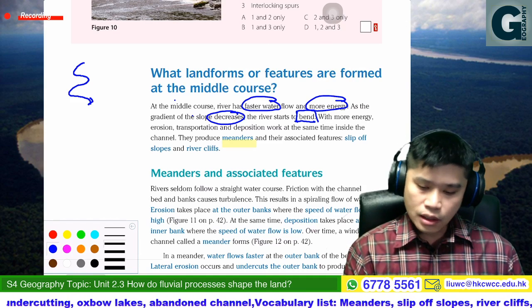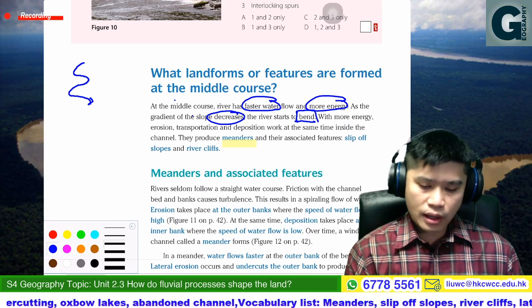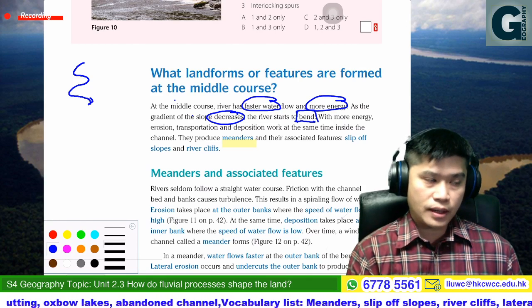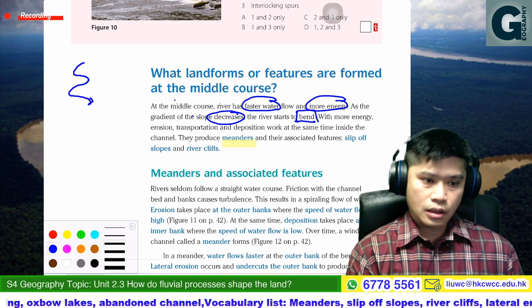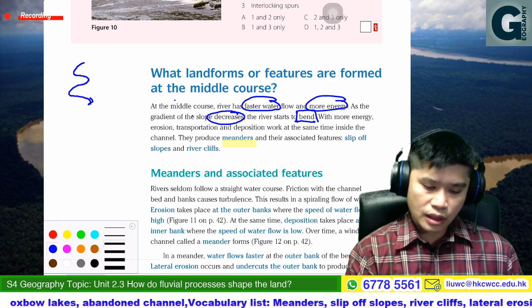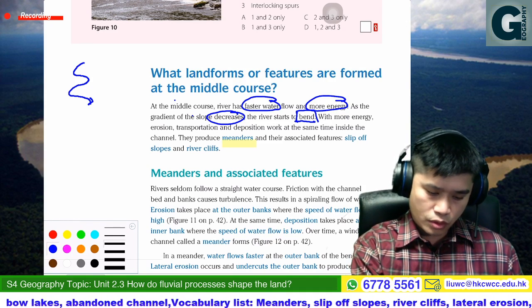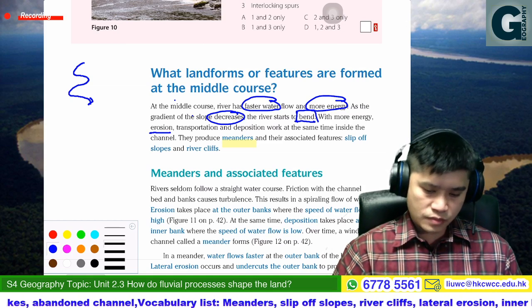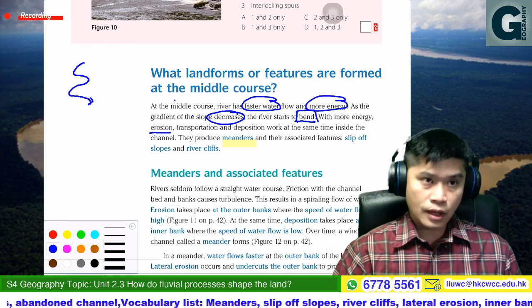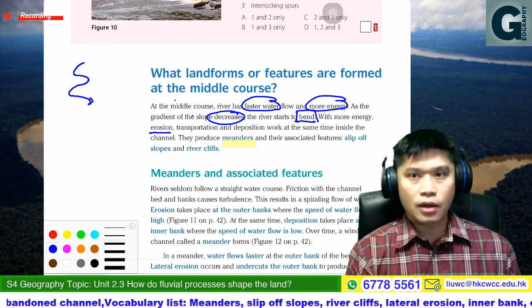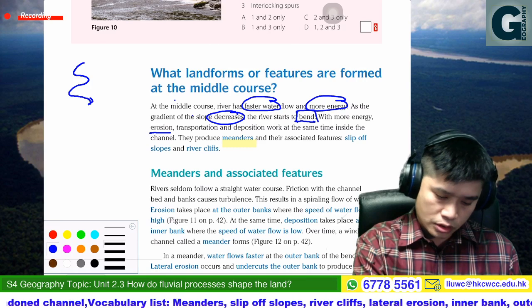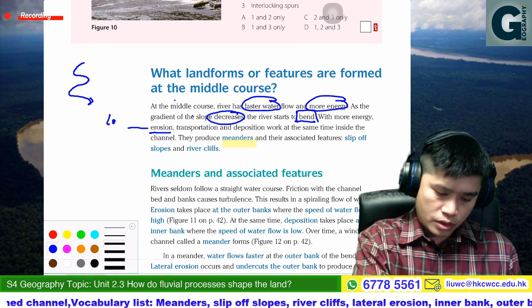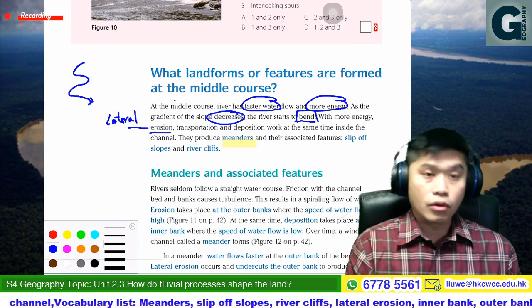Why? It is because with more energy compared to the upper course, erosion, transportation and deposition work at the same time inside the channel. Especially when we talk about erosion, just now I mentioned it should be lateral erosion.